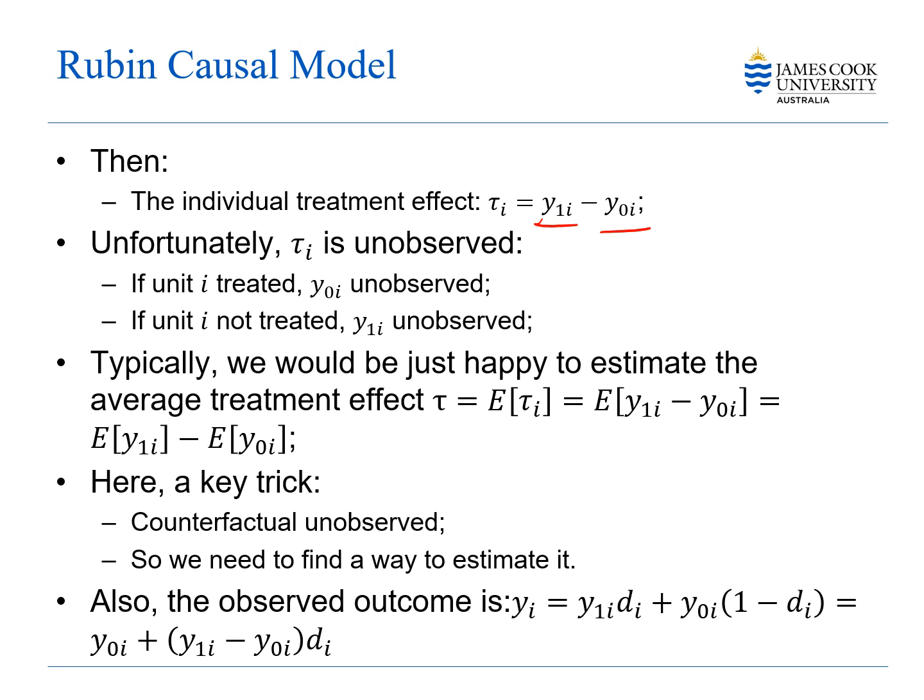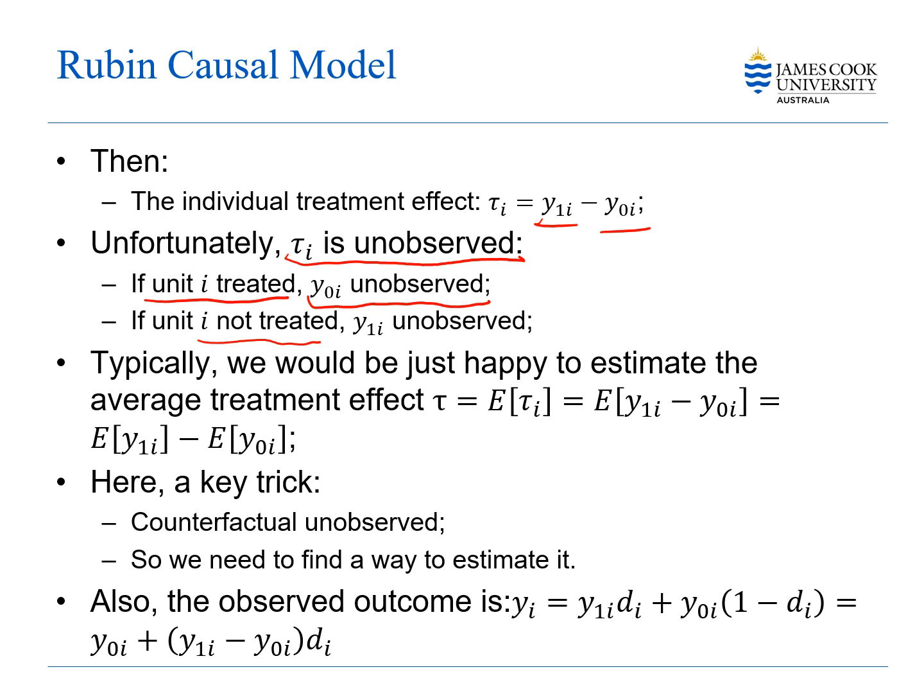Unfortunately, tau i is not observed. We cannot compute this tau i. This is because if unit i is treated, then we observe Y1i. However, Y0i is unobserved. If instead unit i is not treated, then we observe Y0i.